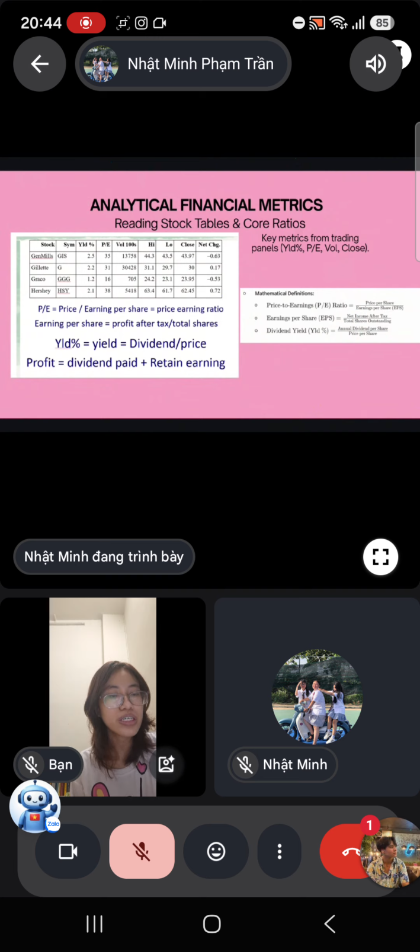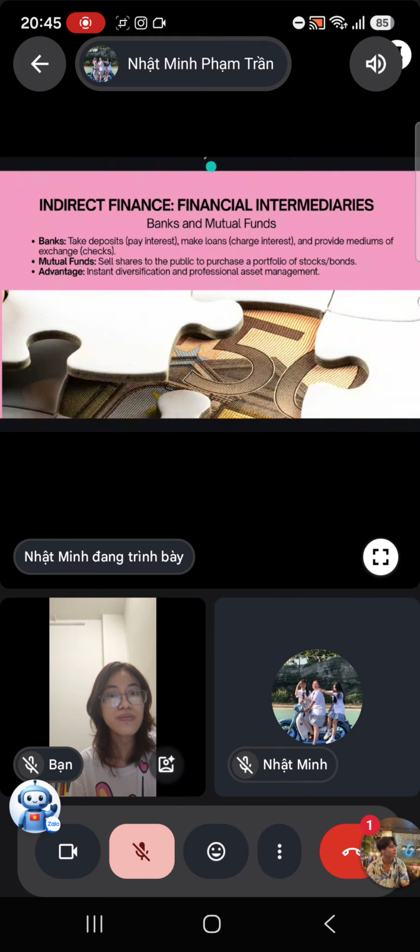EPS equals net income divided by total shares. Finally, corporate profits are split into dividends to shareholders and retained earnings kept for future investment.